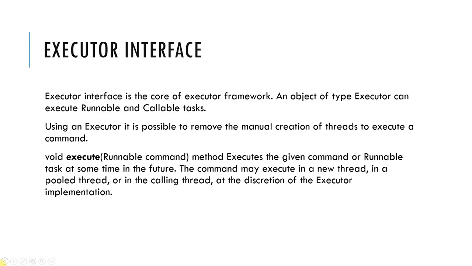It provides only one abstract method, which takes a Runnable command and executes the given command at some time in the future. The command may execute in a new thread, in a pooled thread, or in the calling thread. It depends on the implementation of the Executor interface.